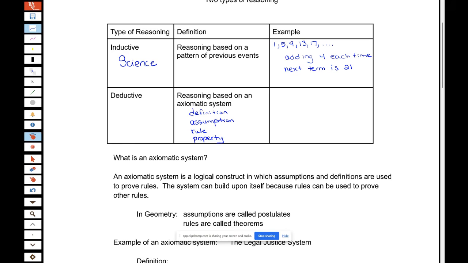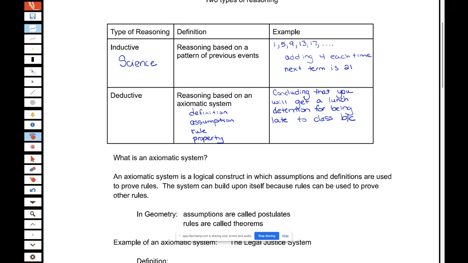So an example of deductive reasoning would be concluding that you will get a lunch detention for being late to class, because that's what the rule says.